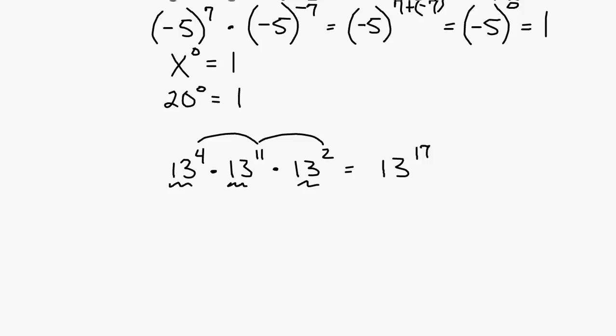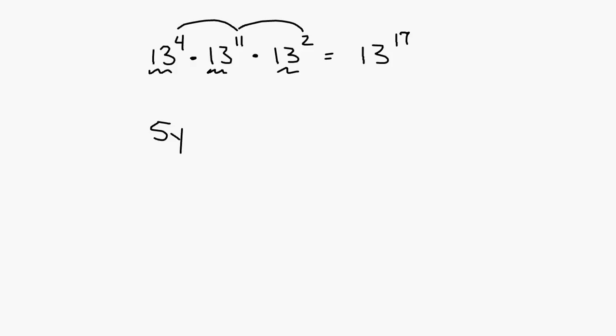Okay, and then it progresses to a constant with a variable. So if you have 5y to the negative 4th times 3y to the 5th, in this case, the constant is a 5 and a 3, and you have to multiply the 5 times the 3.